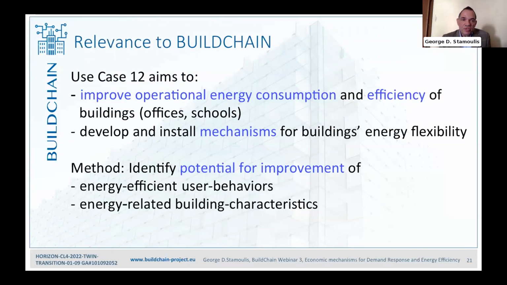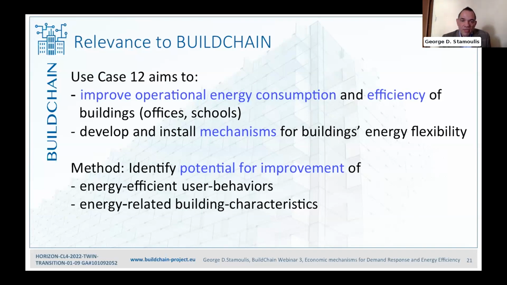Because in use case 12 of our project, we aim to improve operational energy consumption and efficiency of certain buildings, namely offices, schools, etc. And also to develop and install mechanisms for improving the energy flexibility of buildings. So what should we do?